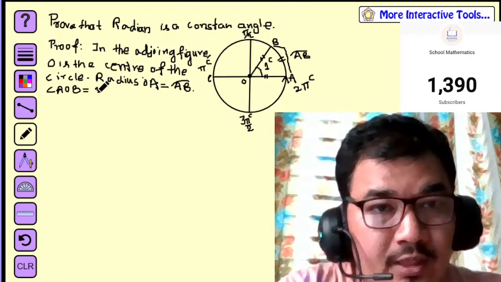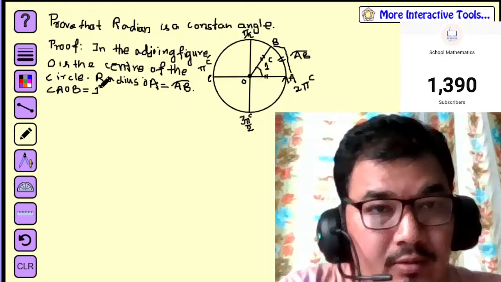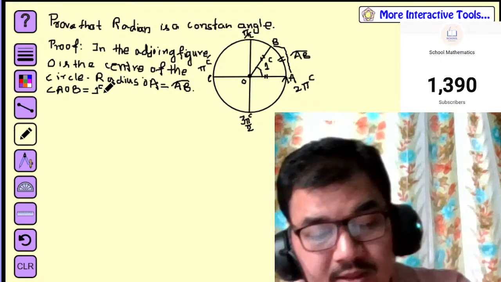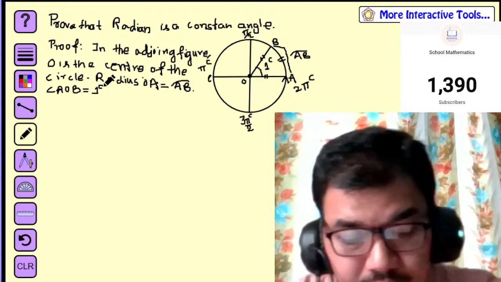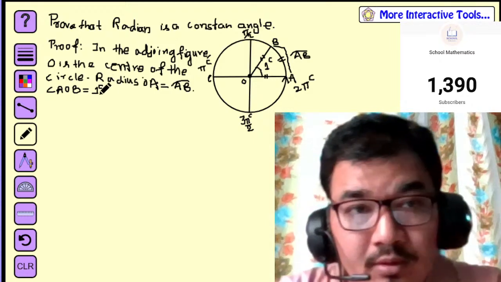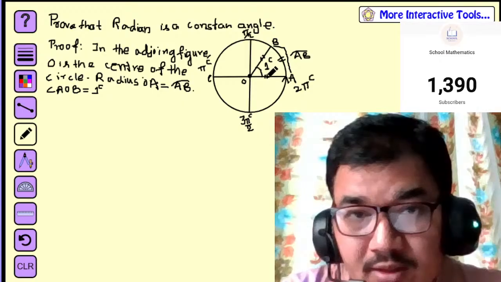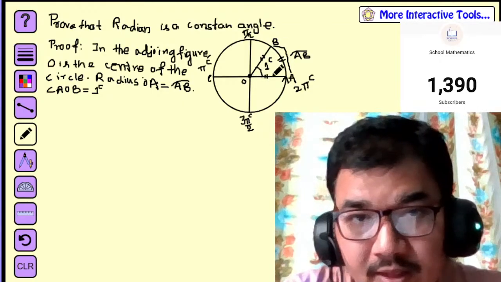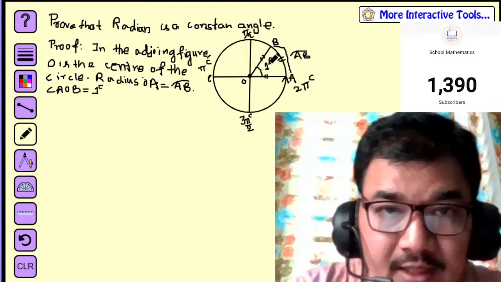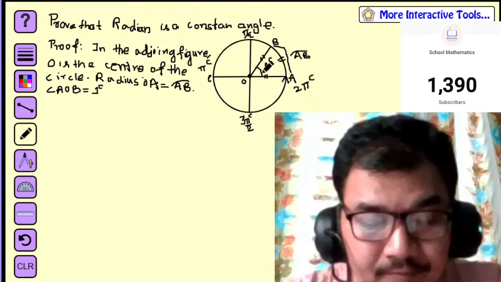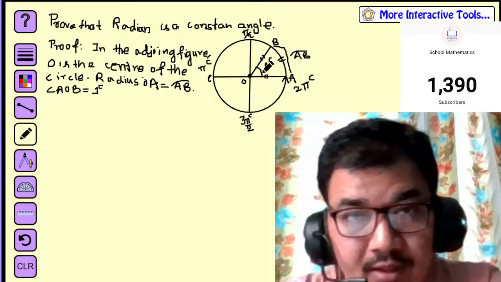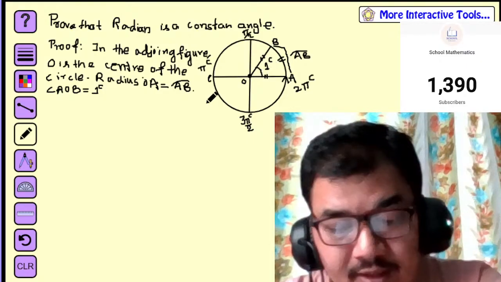That angle is known as 1 radian, because this arc length and this radius are equal. That's why the angle made at the center of the circle is known as 1 radian. Clear up to here?